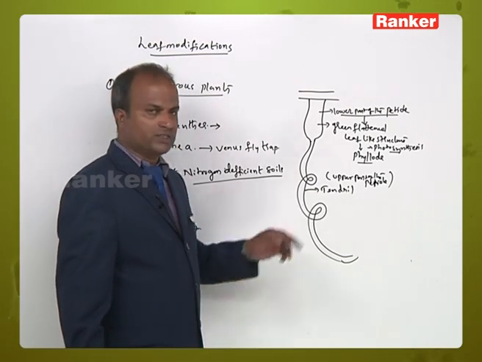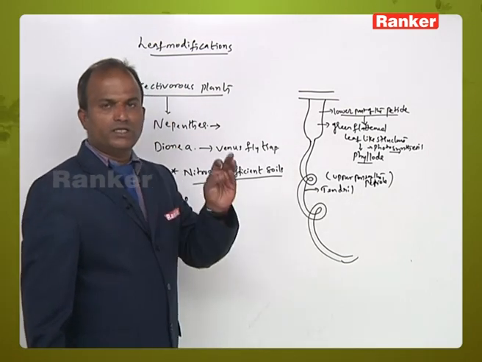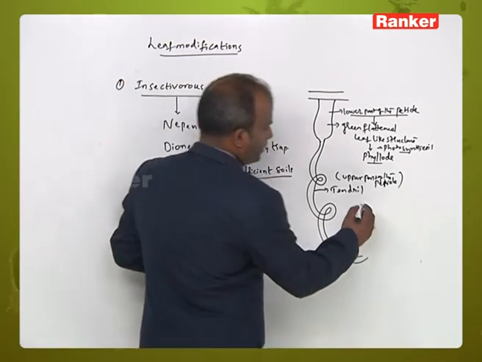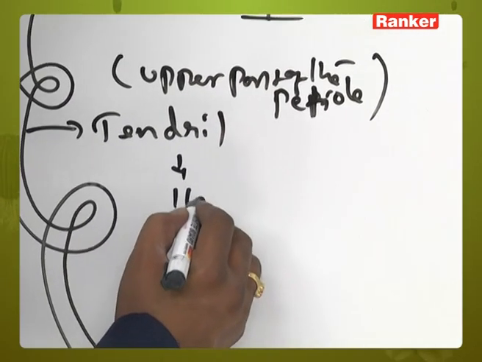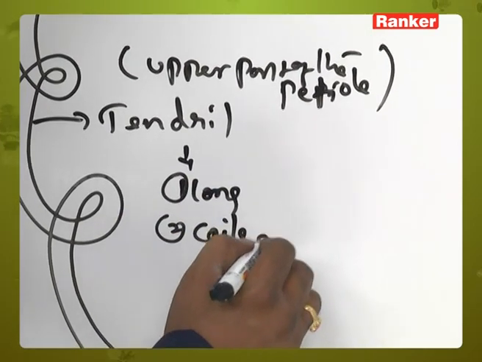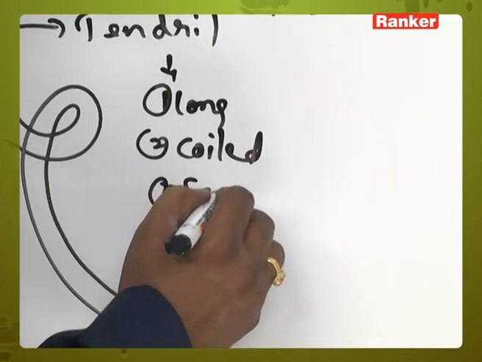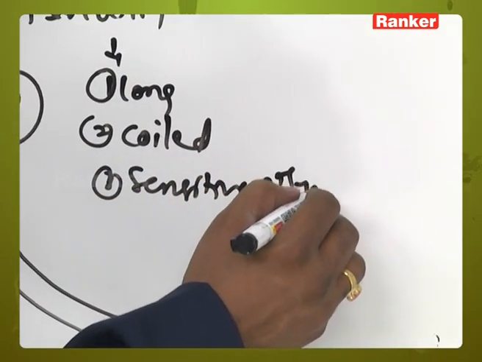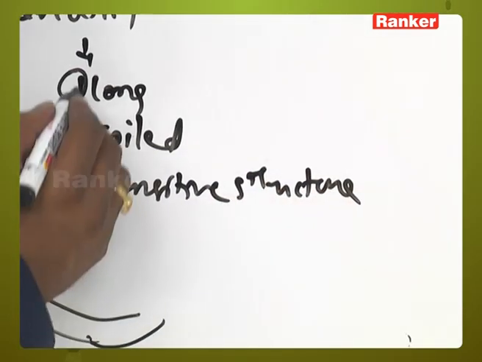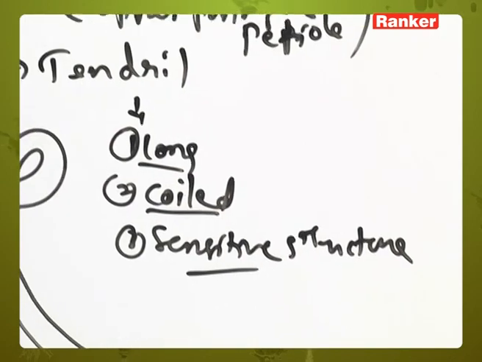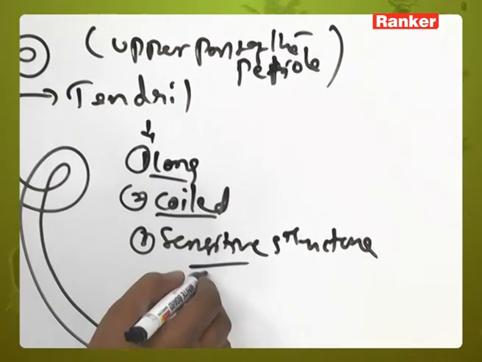What is the main function of the tendril? The tendril is a long, coiled, sensitive structure, which helps in climbing.